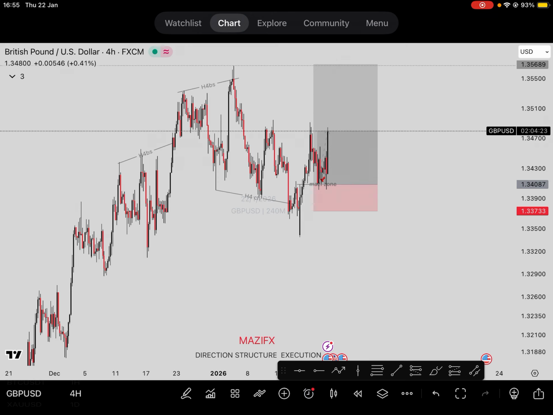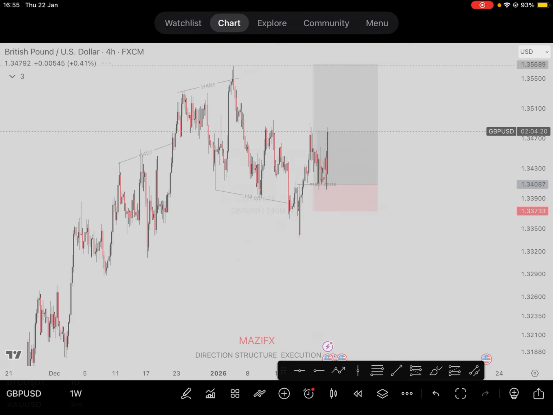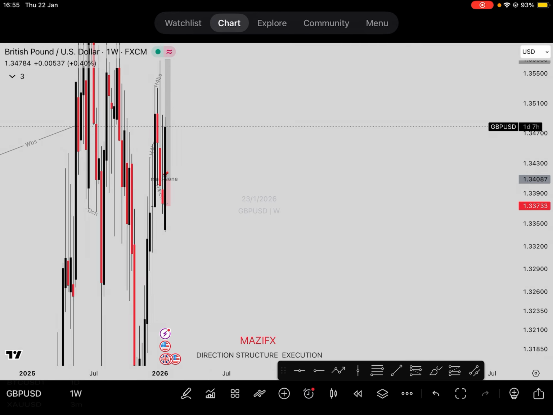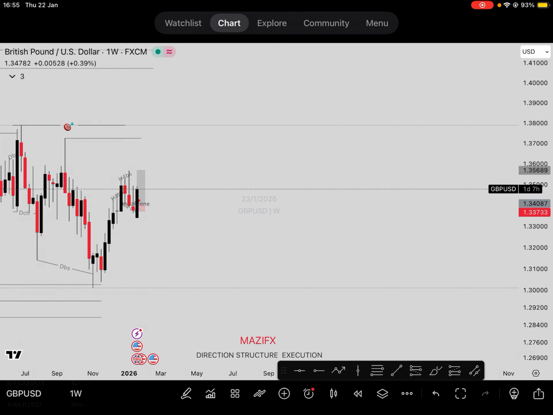Inside of this zone, I went to the same weekly, the same zone weekly did the bounce off from. From the zone, all the candles are printing. But then here we have the retracement.